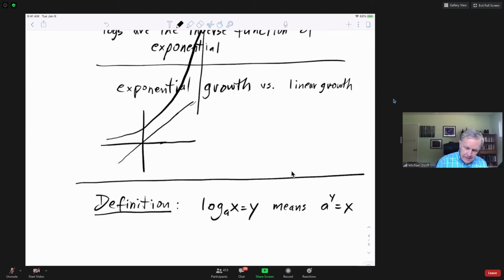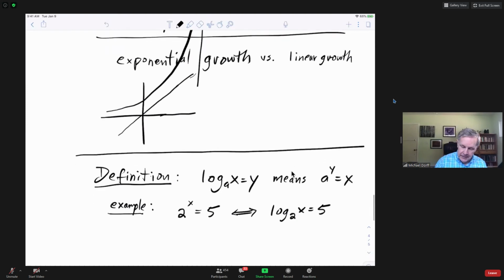So if I had, for example, 2 to the x equals 5, that's equivalent to saying log base 2 of x equals 5.